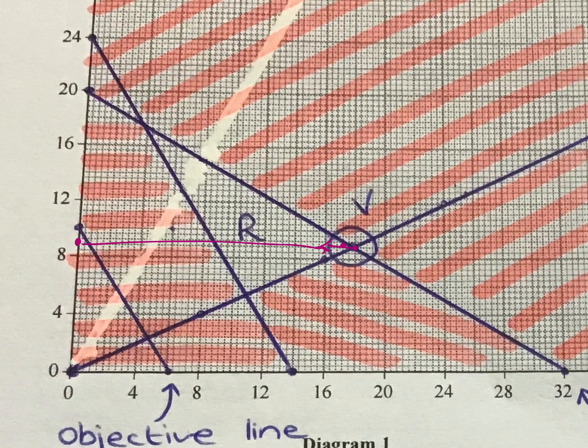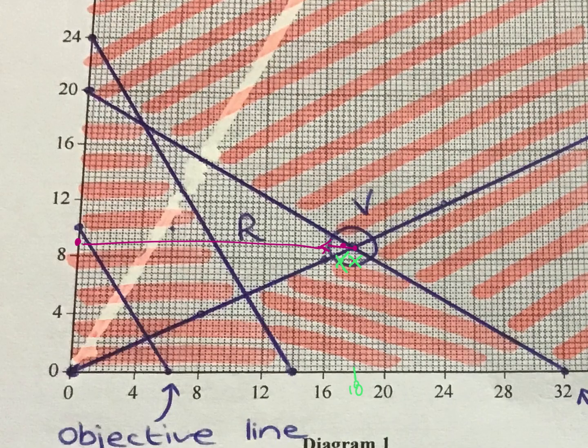If I round 8 down, this is 17.8, is that correct? Yes. That coordinate is not in our optimal region, is it? So, sorry, that's not even 17. Where's 17 now? Here.